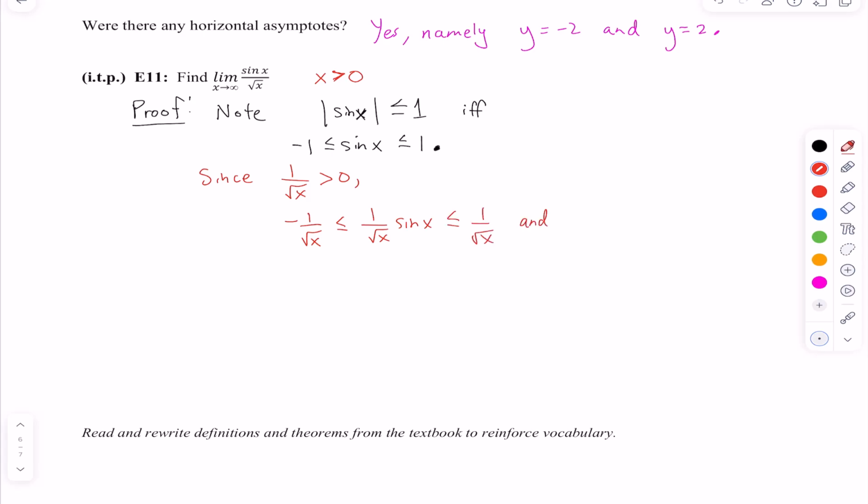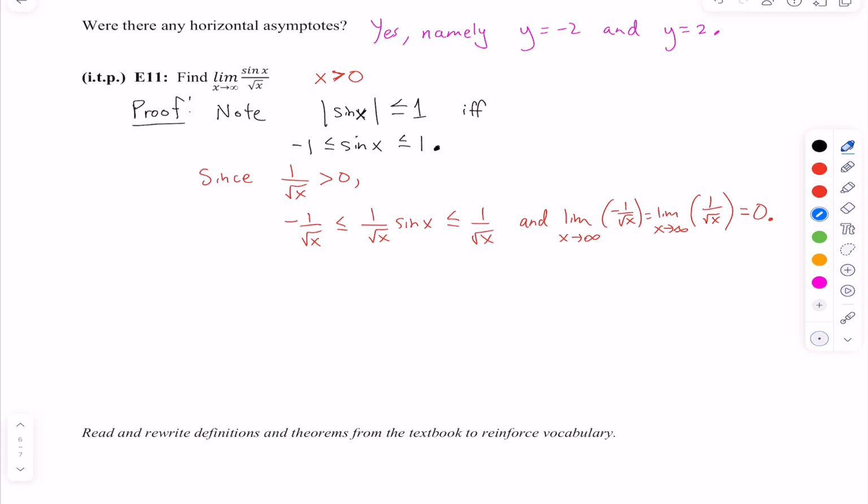And you even know the limit for the function on the far left, and you know the limit for the function on the far right of that inequality. You know that is a finite number, and that finite number is 0.